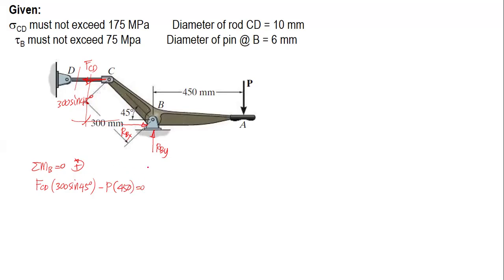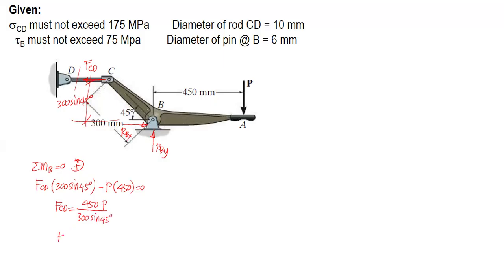So solving for FCD, we transpose P, this term, to the right. So we have FCD equals 450P over 300 sine 45 degrees.